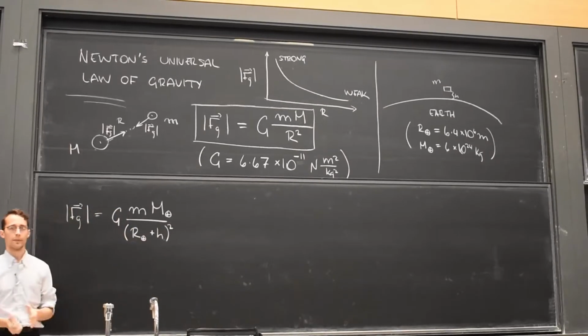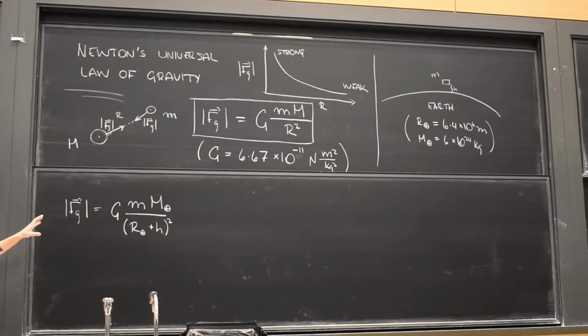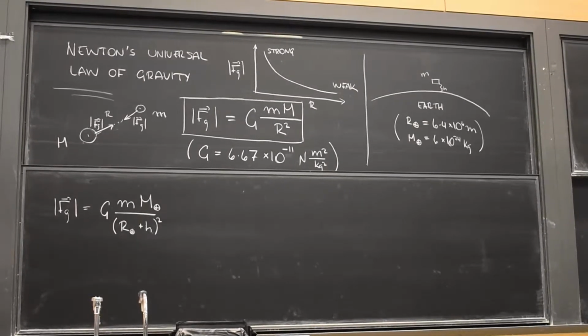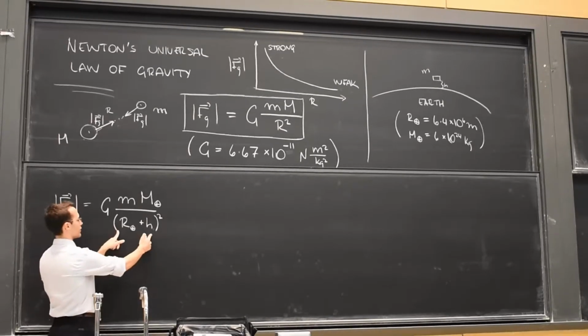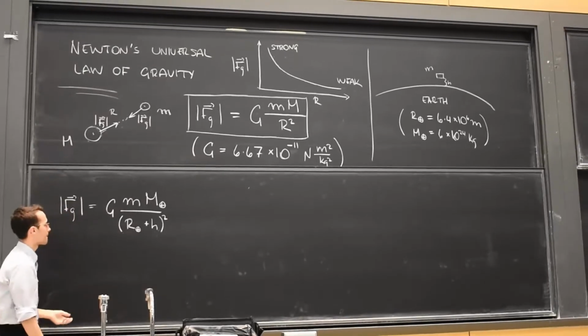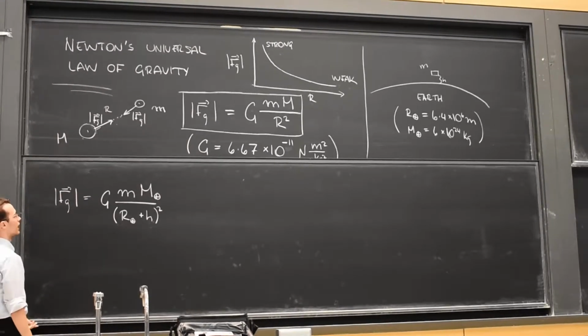So this is how you would look at it. If you were to be discussing a rocket up in the atmosphere, this is how you would do it. You say the radius of Earth plus how high up off the ground the rocket is. Alright, so this is just a perfectly fine general idea.